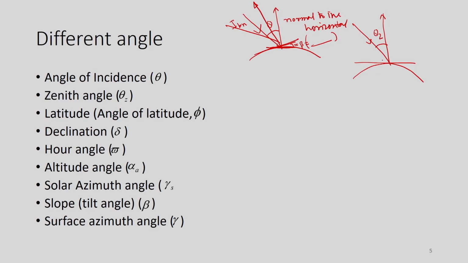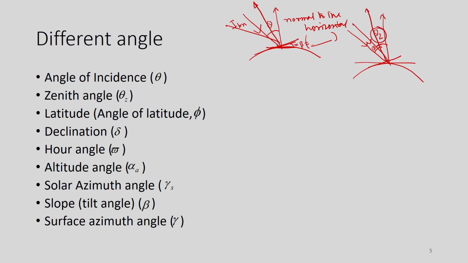If we consider an inclined surface, and solar radiation is falling here, and the normal to the inclined surface is something like this, then this angle will be theta. But when we are concerned with the normal to the horizontal, the angle the sunbeam makes with that normal is called the zenith angle.